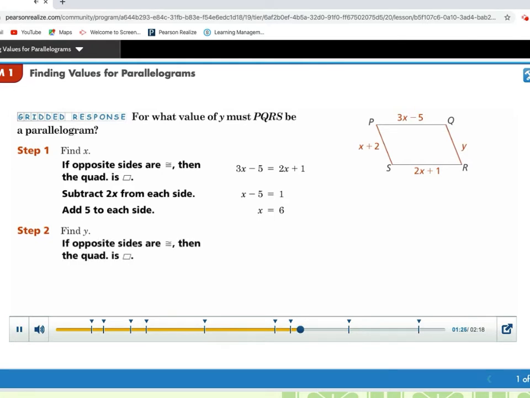Again, if both pairs of opposite sides of a quadrilateral are congruent, then the quadrilateral is a parallelogram. So, for PQRS to be a parallelogram, the length of segment QR must equal the length of segment PS.